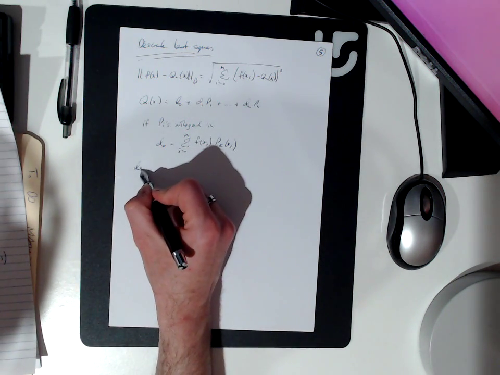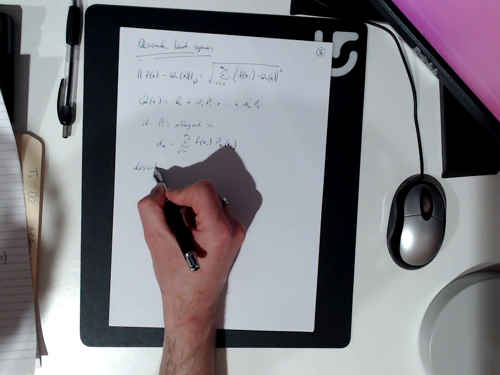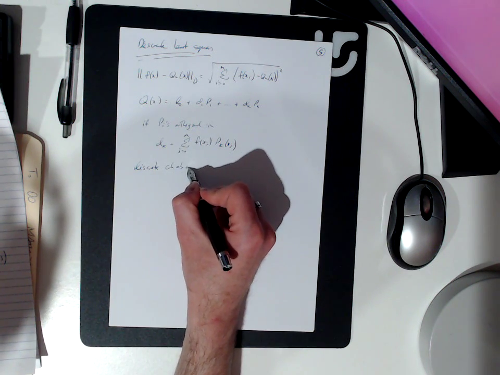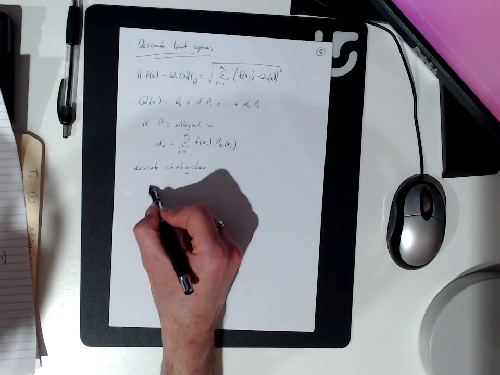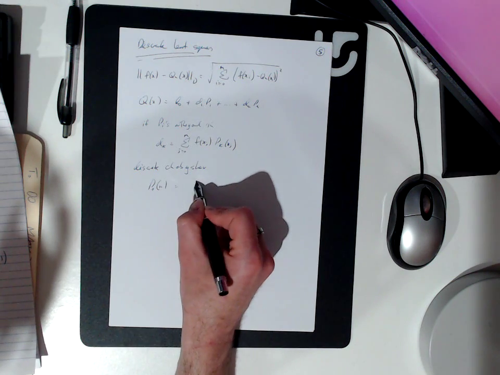And the discrete Chebyshev polynomials have this form.